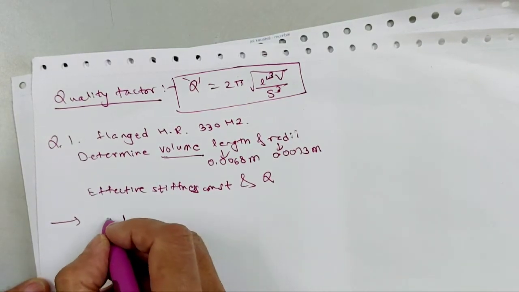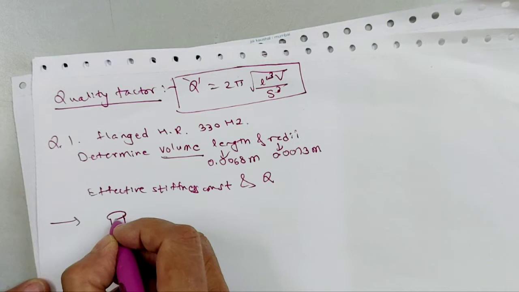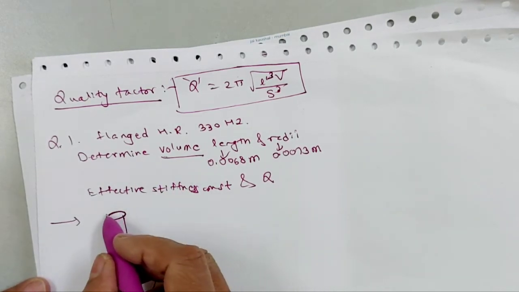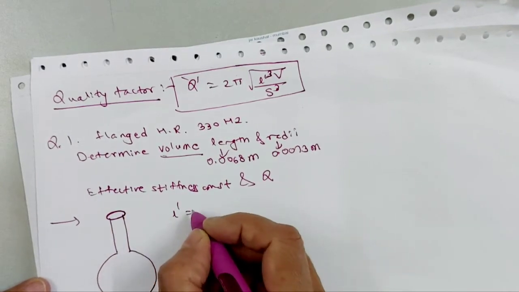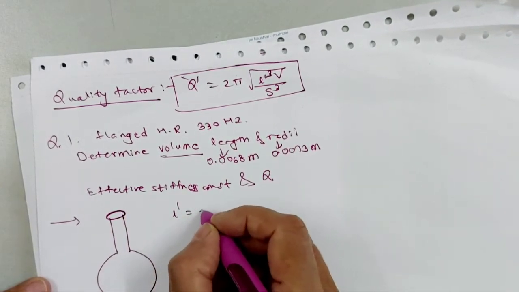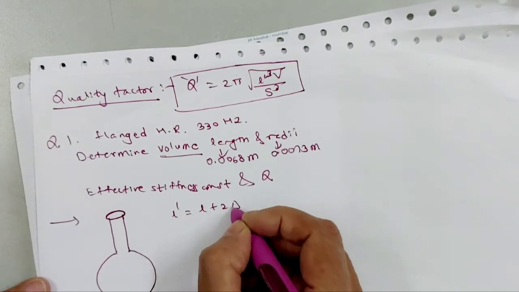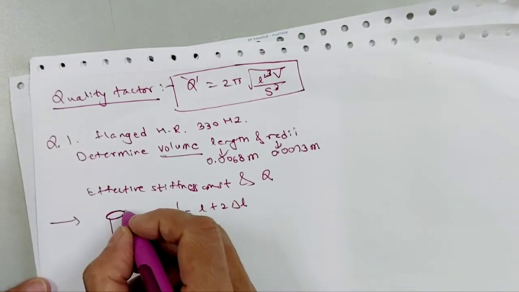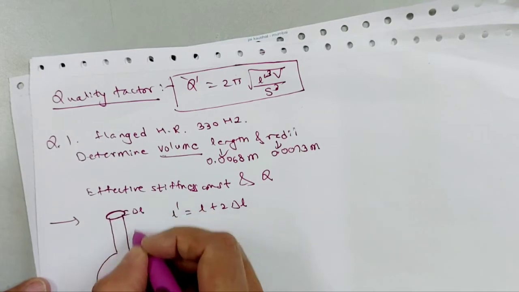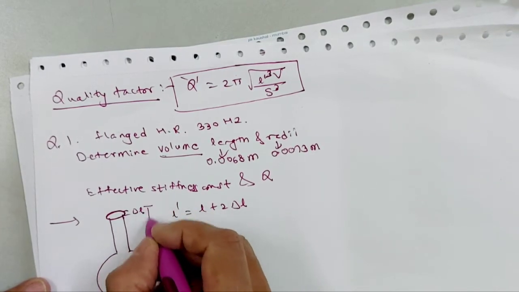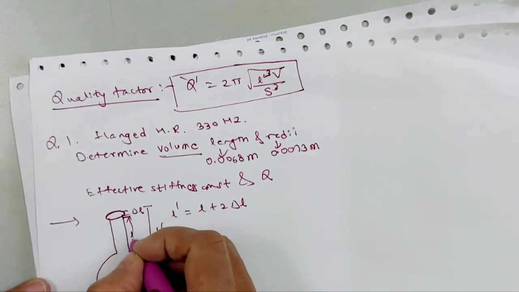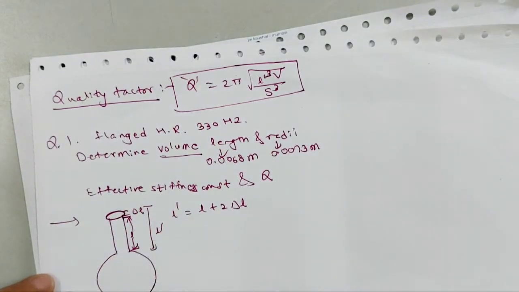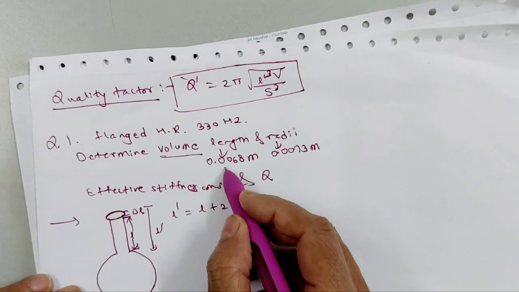Okay, this part will give me the flange. Now this is a flanged one, so I need to talk about proper L dash. So what is L dash? L dash is the corrected length, given by L plus twice ΔL, and this part will be my ΔL. Okay, so from here till here is L dash and here till here is L. Right? So this is the L given to you.